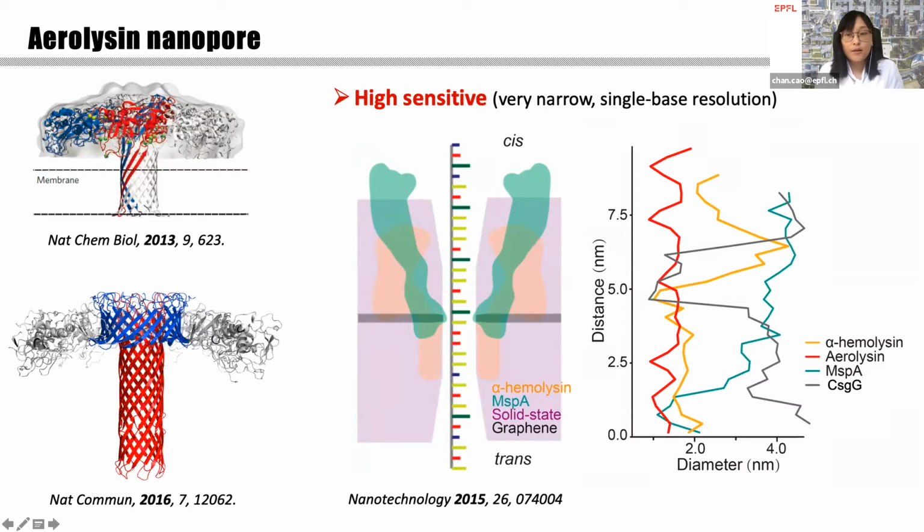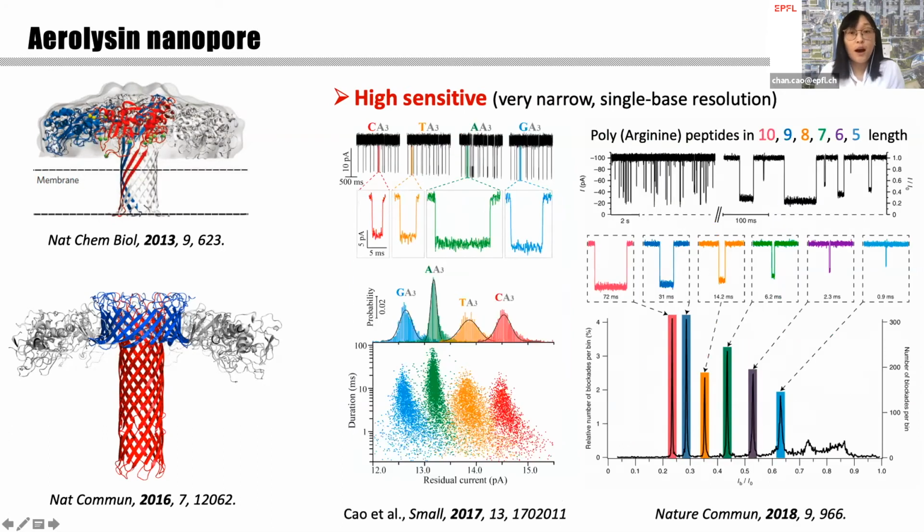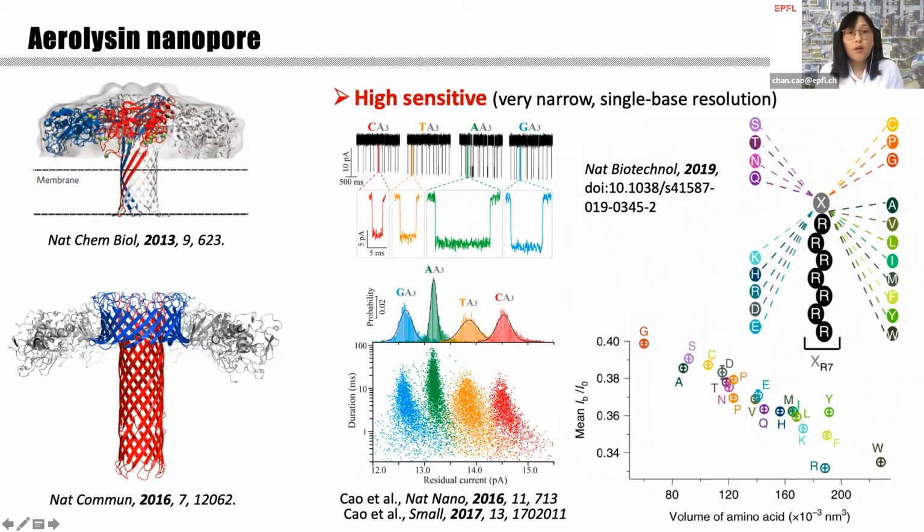Compared to the other mostly used or commercialized nanopores, its diameter is the narrowest. Therefore, it provides a high sensitivity. My previous work and work from colleagues have proved that it can directly identify single nucleobase variation, different lengths of peptides, or just different types of amino acid, which is quite impressive.